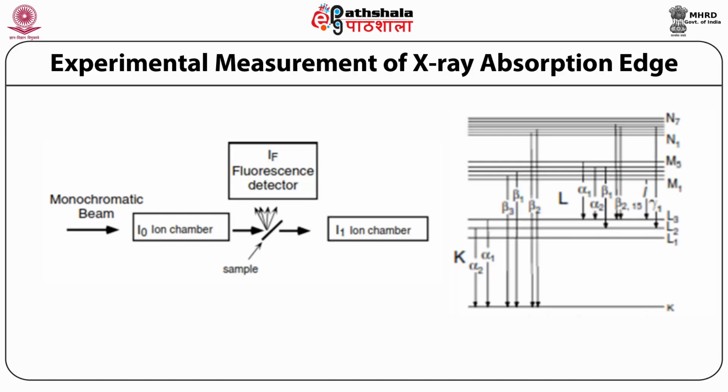Now each kind of transition which is allowed between a higher energy level and a lower energy level emits a given number of wavelengths, which of course will be longer than the wavelength of the incident radiation. Using this fluorescence detector we identify which wavelength it is.